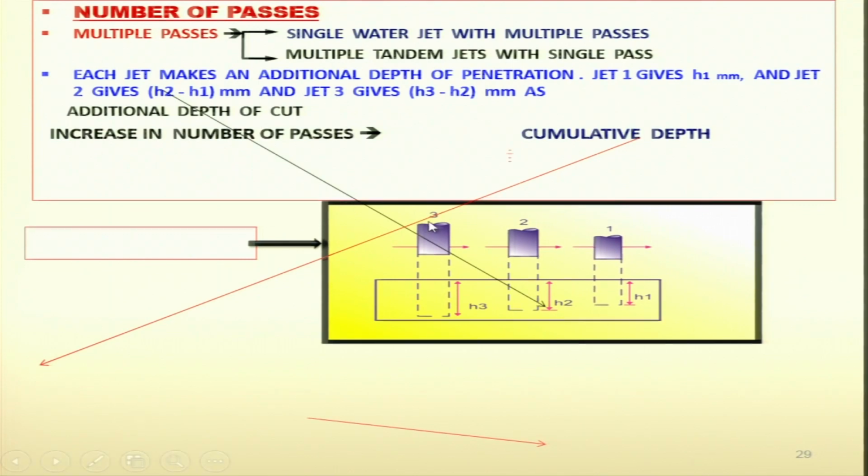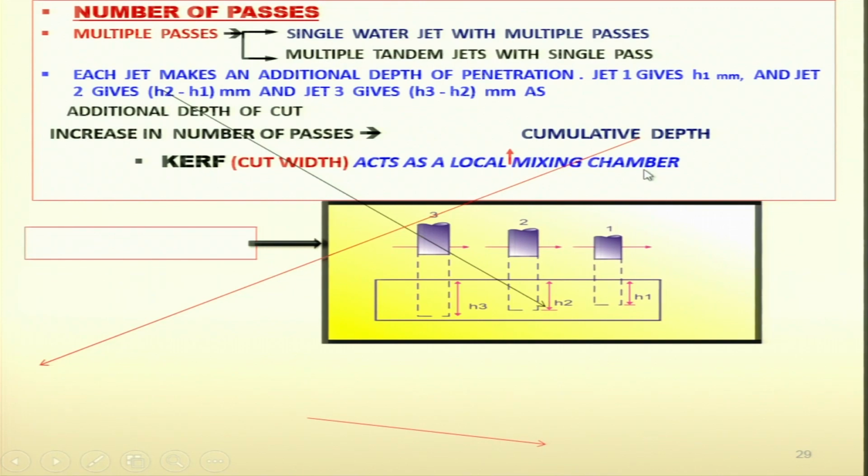With an increase in number of passes, the kerf acts as a local mixing chamber. Now this is for multiple tandem jets with a single pass. In a single pass, as I mentioned just a few minutes back, this will cut H1, this will cut H2 minus H1, and so on.